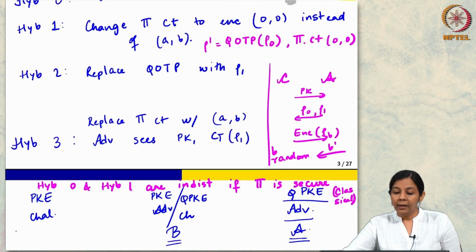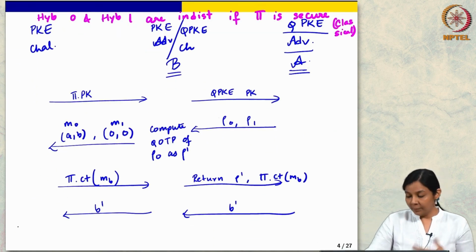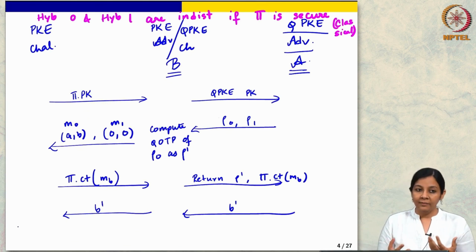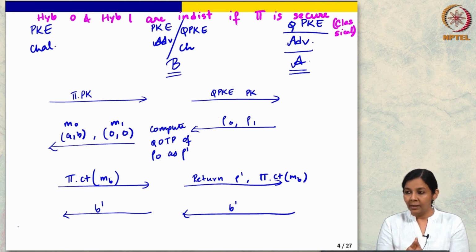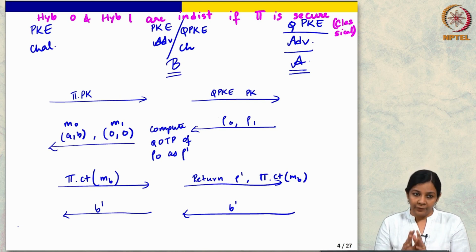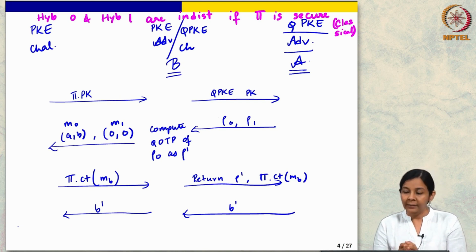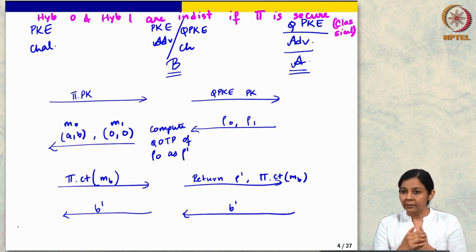So, he is commenting that because pi is a secure encryption scheme, you cannot distinguish between the encryption of AB and 0 0. Yes, that is what we were using in our reduction, but I would like everyone to spend a little bit of time on this, maybe offline, where you really understand why the sequence of steps is what it is.